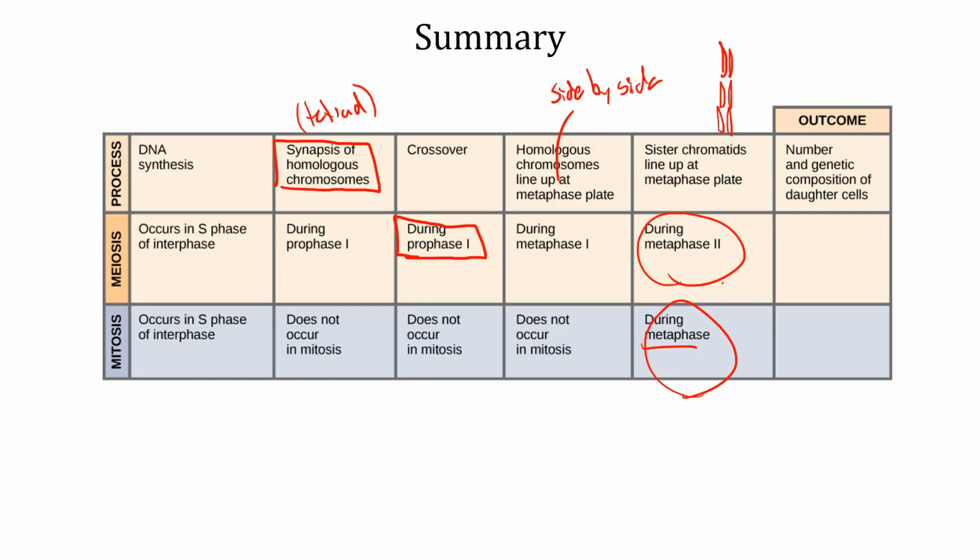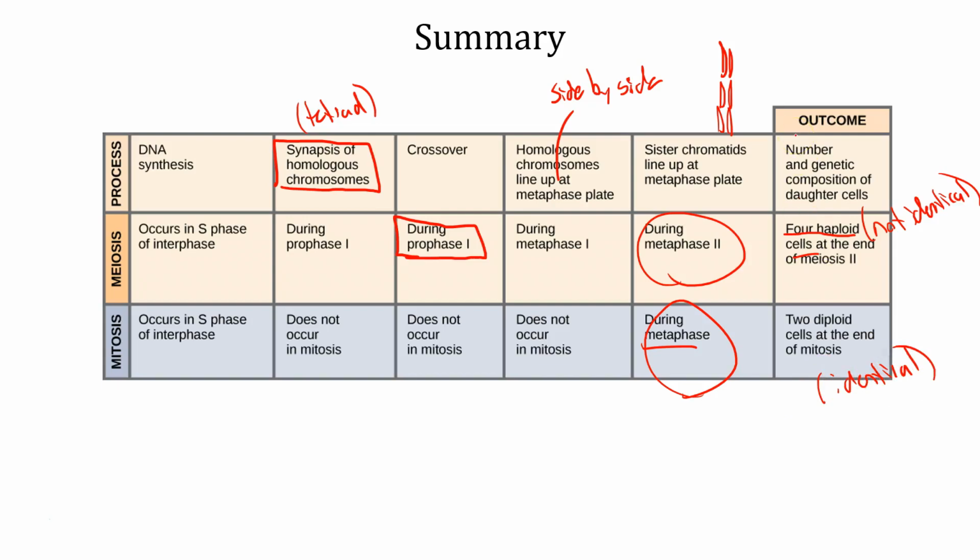And then lastly, this is kind of the important aspect of all of this. The final outcome is that meiosis will yield 4 haploid cells, and these are going to be not identical. And mitosis is going to make 2 diploid cells that are genetically identical to one another.